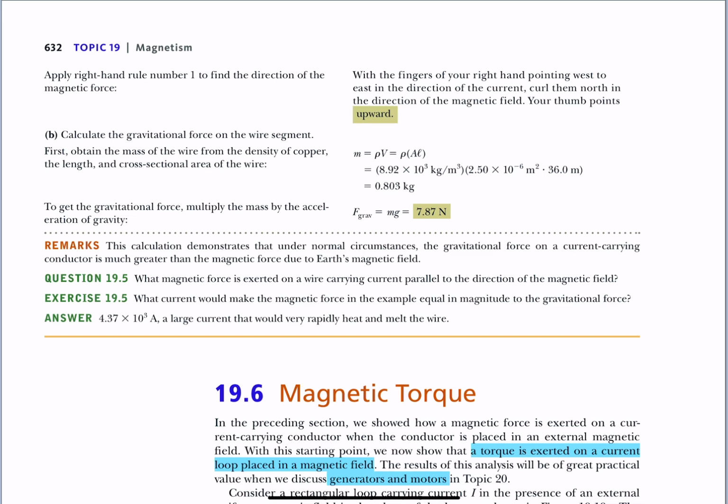And we can actually calculate what that gravitational attraction would be if we remember how to find the cross-sectional area of the wire, which is 2.5 millionths of a square meter, times the length of the wire, times the mass of the wire.